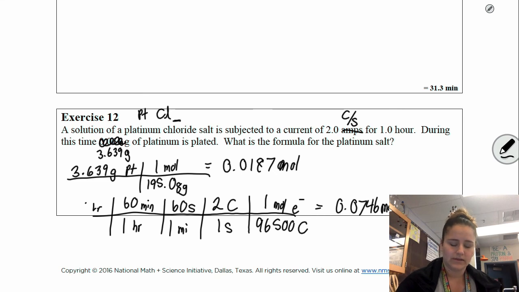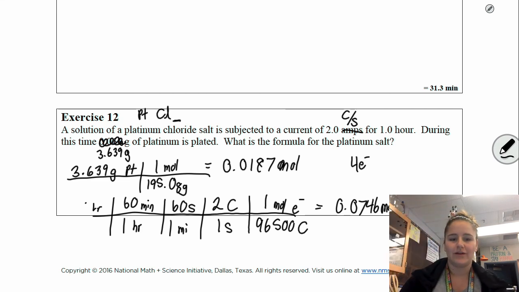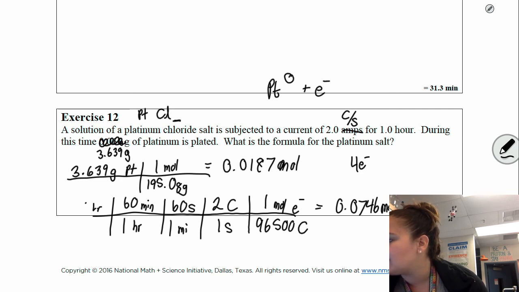I take my moles of electrons, 0.0746, divided by my moles of platinum, 0.0187, and I get 3.99, which I can assume means 4 electrons were transferred to convert that platinum ion, some ion plus electrons, into platinum solid.